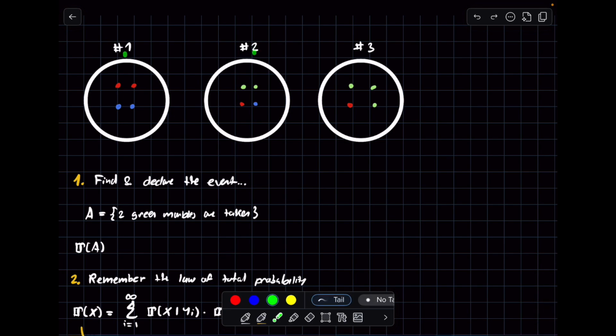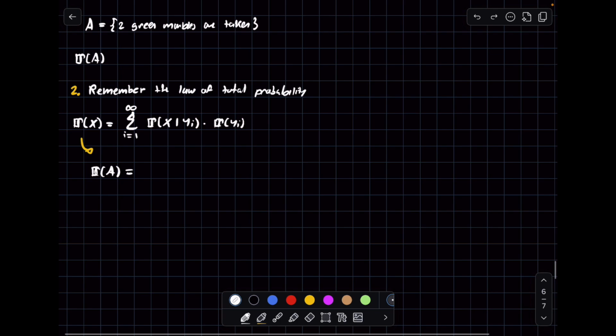Meaning, what would be the probability of us getting two green marbles if we take bag 1? What is the probability of us getting two green marbles from bag 2, given we take bag 2, and likewise with bag 3.